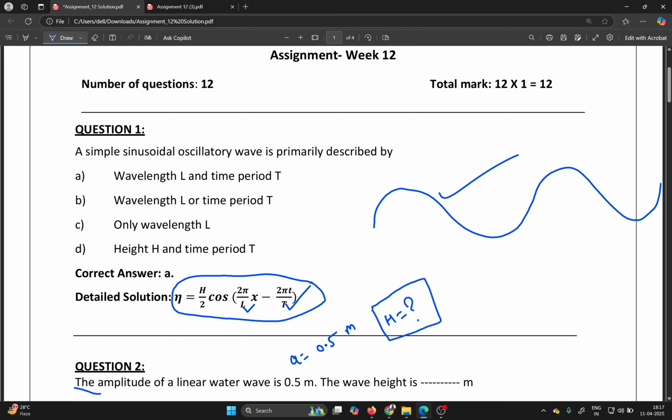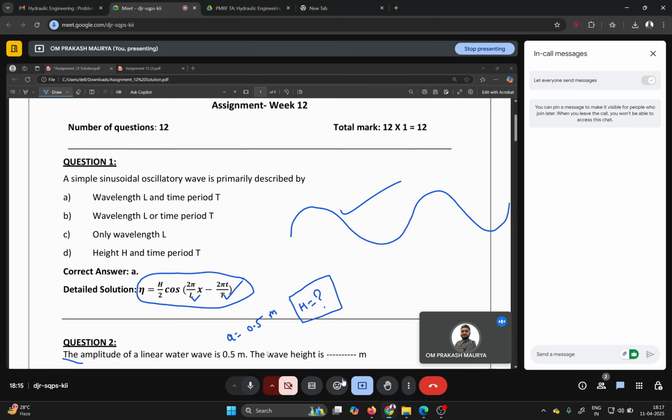What will be the wave height? It is a very easy question. If you have gone through the NPTEL videos, you can very easily calculate the answer.